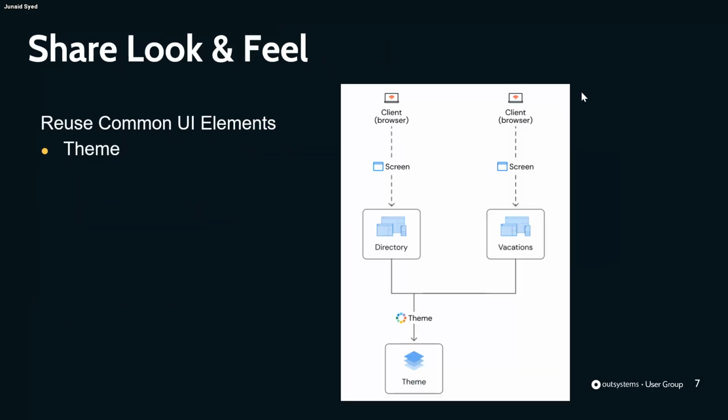So, one of the use cases of libraries is how they are reused across applications. One is the sharing of look and feel. We all know that in our systems, all the applications follow a certain theme, right?